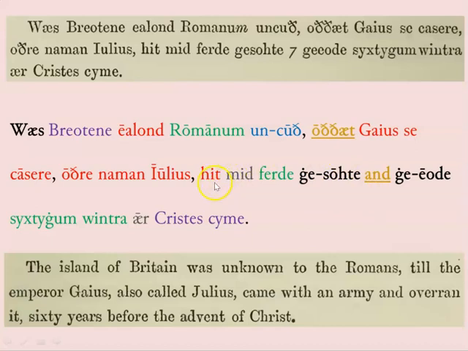So it with army came. So, came with an army. Notice the verb is at the end here, all right? And now you would expect, you've got the verb right at the beginning again. So overran, it's emphasizing overran, okay? So overran it 60 winters before Christ's coming.